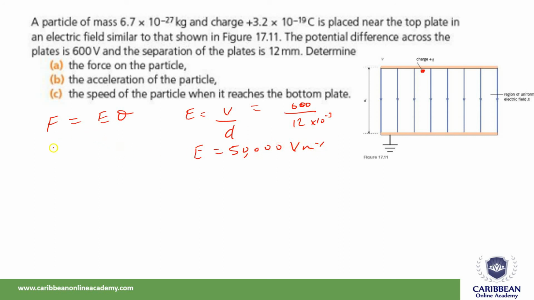Having said this, we can find the force. So force is going to equal 50,000 times the charge, which was given to us in the question as positive 3.2 times 10 to the minus 19 coulombs.